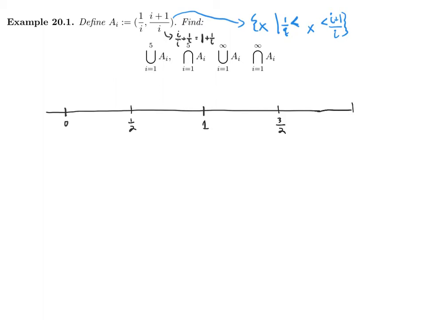And let's go all the way up to 2. Why not? And that, of course, keeps going in both directions. So let me write down what A2 is. So A2 is going to be the interval from 1/2 to, well, 2 plus 1 is 3, so 3/2. So A2, which I'll do in red here, that's all numbers here.